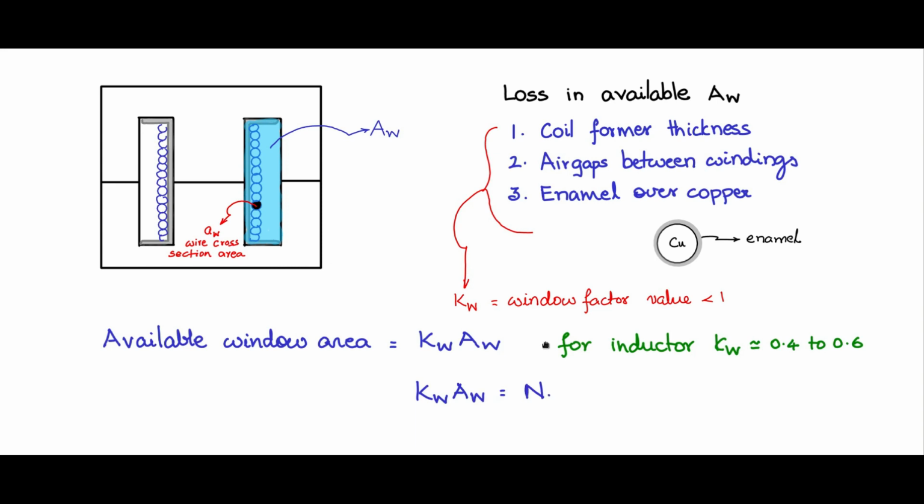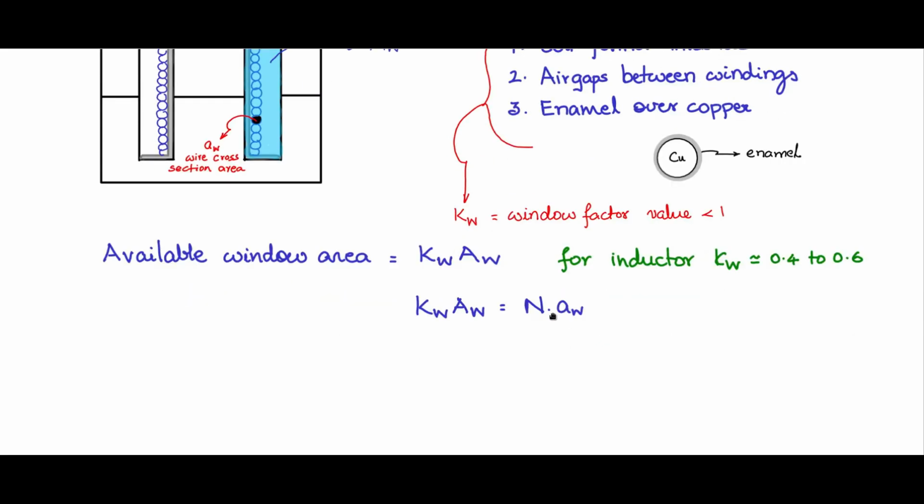So Kw Aw should be equal to n into the area of cross section of the wire. Now the area of cross section of the wire, we will write it as IRMS, the RMS current that flows through the wire, divided by a permissible current density J. For copper this is at a default value of around 3 amp per mm square, or 3 into 10 to the power of 6 amp per meter square.